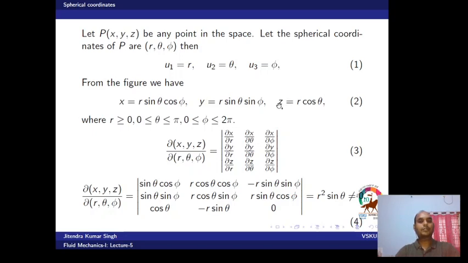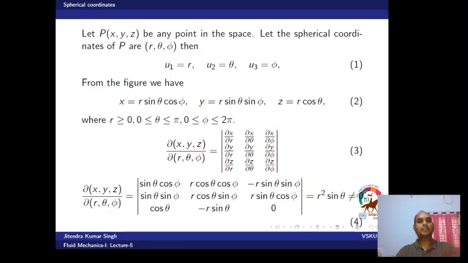Now to find phi, we take the ratio y by x. When we take y by x, r sin theta cancels out. We get tan phi. So phi is equal to tan inverse y by x. So we got r, theta and phi as functions of x, y and z.